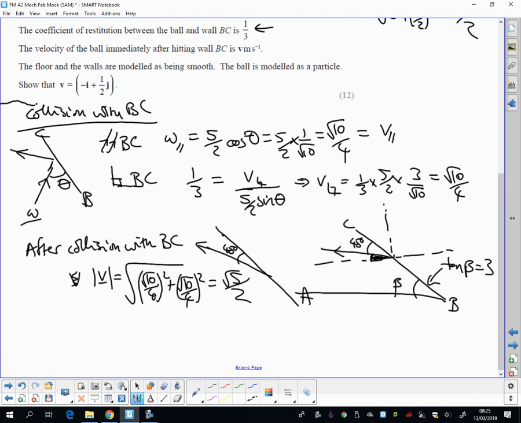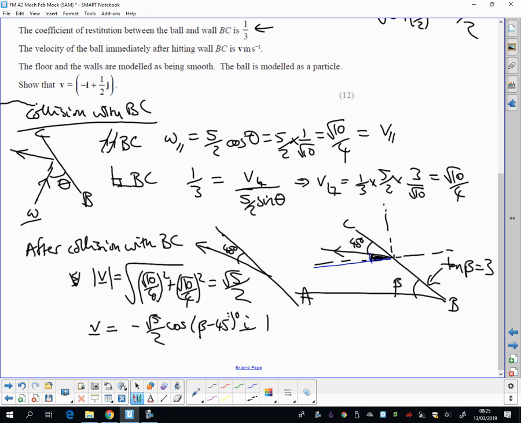If I'm going to turn this back into vectors, then my velocity, with a little bit of common sense about the direction, we're now moving in the negative i direction, so that must be negative the magnitude of my velocity cos, looking at this adjacent side using this angle, beta minus 45 degrees, times i.